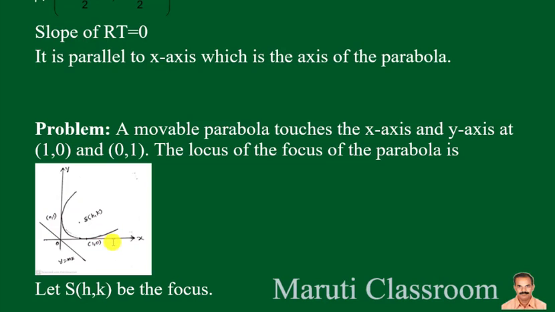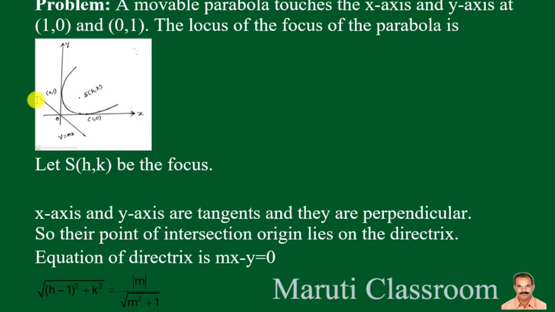We know the x-axis and y-axis are perpendicular, so these two are perpendicular tangents. We know perpendicular tangents intersect on the directrix. These two tangents, the x-axis and y-axis, intersect at the origin. So their point of intersection, the origin, lies on the directrix, meaning the directrix passes through the origin.